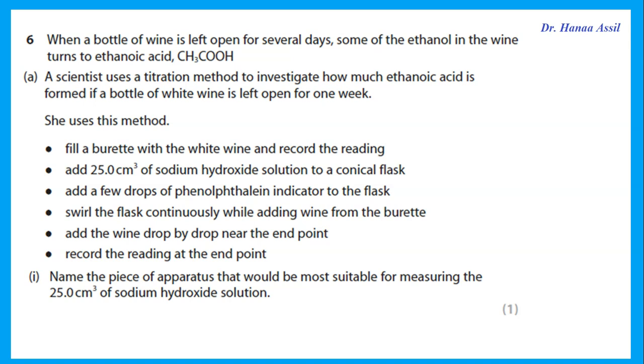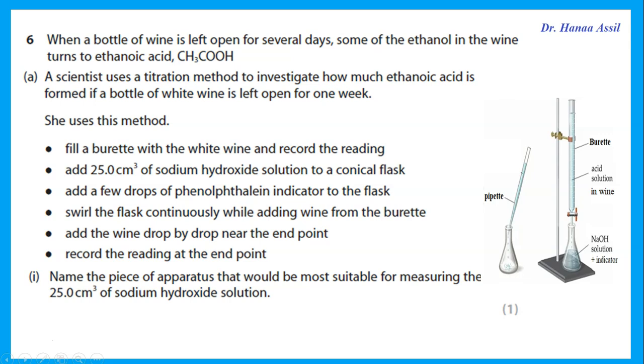She uses this method. Fill a burette with the white wine, record the reading, add 25 centimeter cubed of sodium hydroxide solution to a conical flask, add a few drops of phenolphthalein indicator to the flask, swirl the flask continuously while adding wine from the burette, add the wine drop by drop near the end point, and record the reading at the end point.